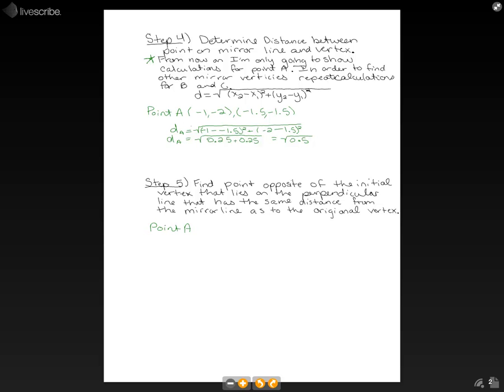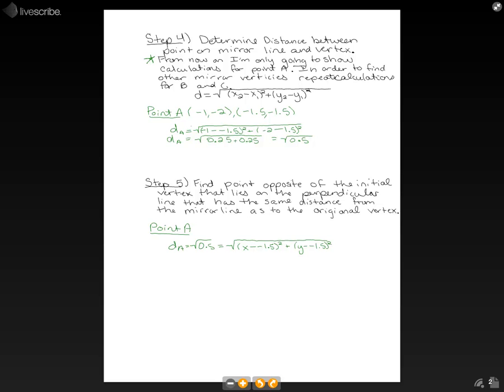So we have point A that we're doing this for, and we know that the distance of A is the square root of 0.5, and we're setting that equal to another distance formula. We don't know our x in this case, that's what we're going to solve for. So we have x minus negative 1.5 squared plus y minus negative 1.5 squared, because remember we're using those 1.5s because we're looking at between the mirror line and the other vertex.